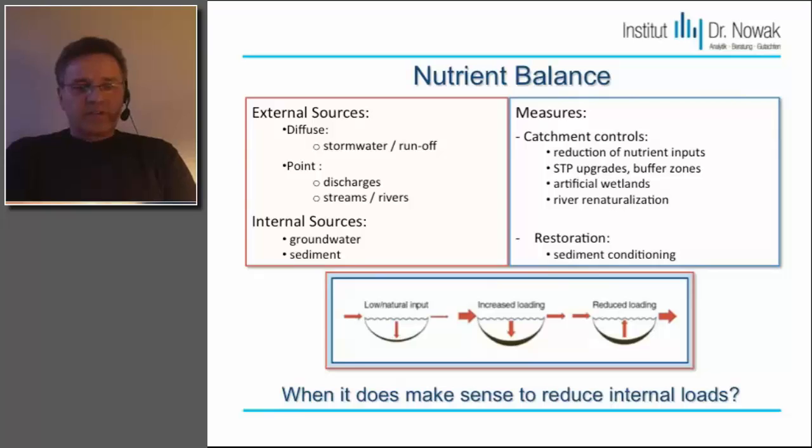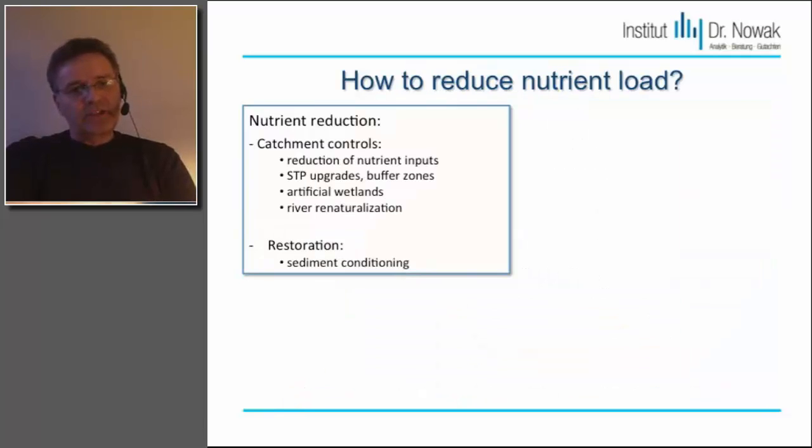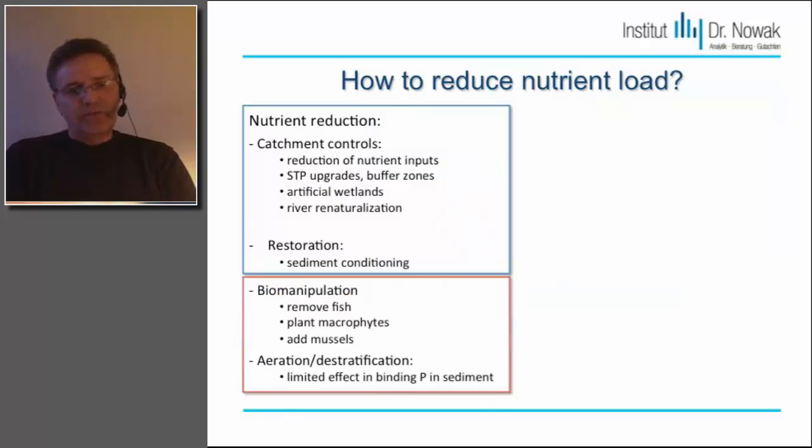To reduce internal sources, we can restore the sediment. As an internal measure, we can do biomanipulation as well, maybe to remove fish, especially carps that can dig in the ground. We can plant macrophytes that will stabilize the sediment and reduce the turbidity in the water body.